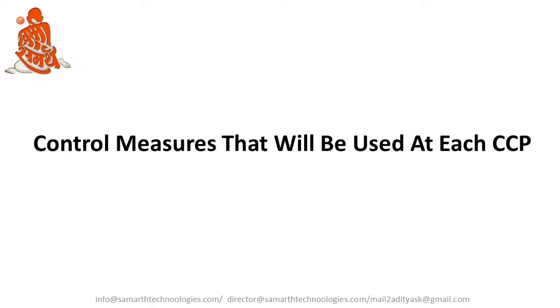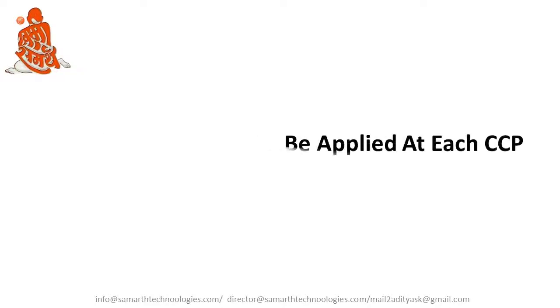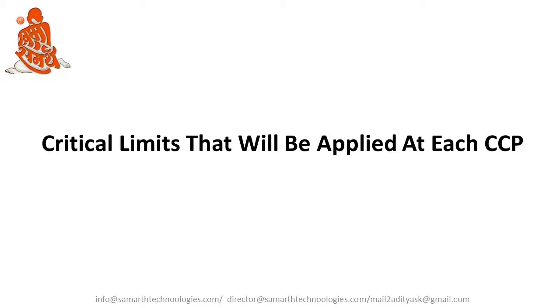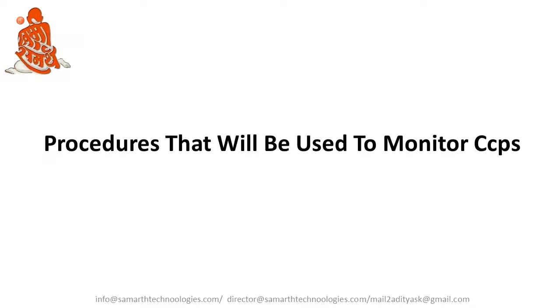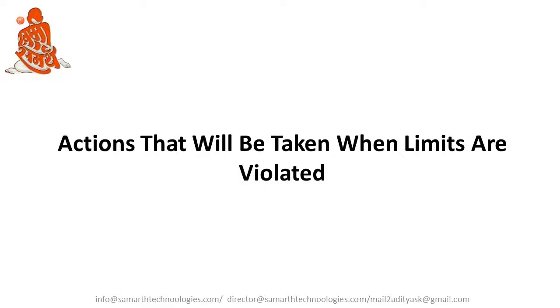Control measures that will be used at each CCP. Critical limits that will be applied at each CCP. Procedures that will be used to monitor CCPs. Actions that will be taken when limits are violated.